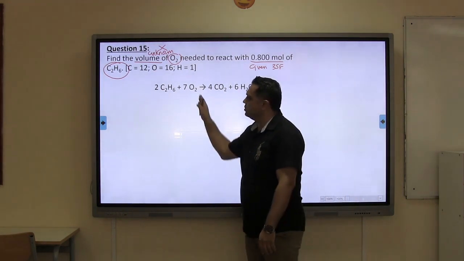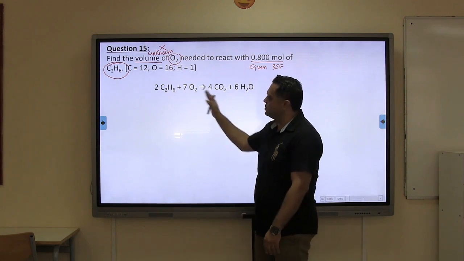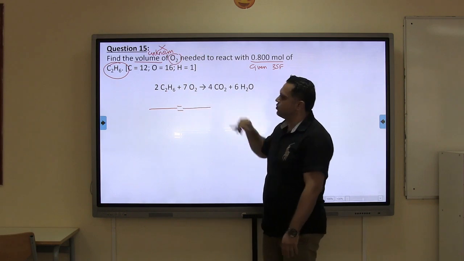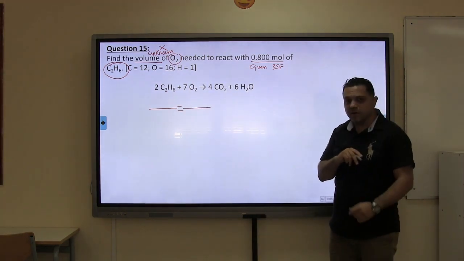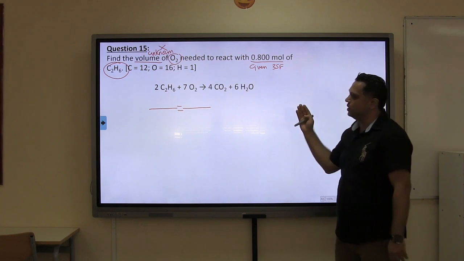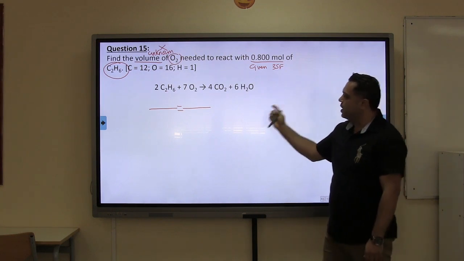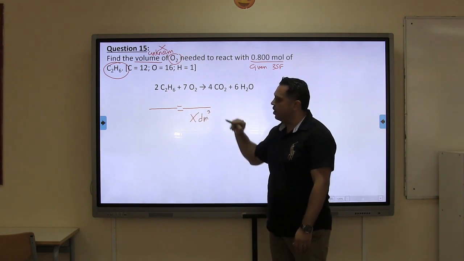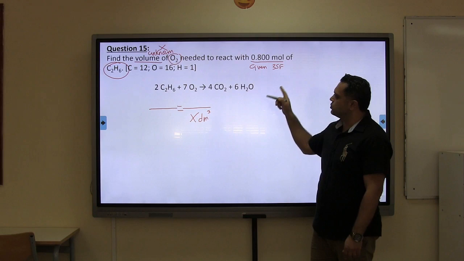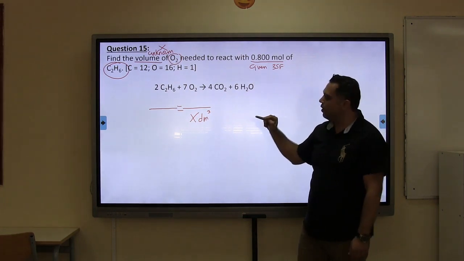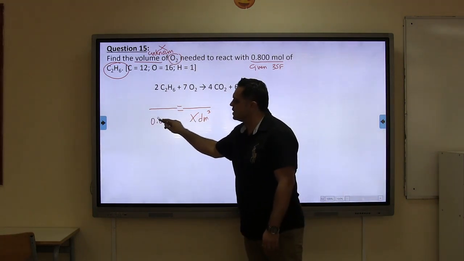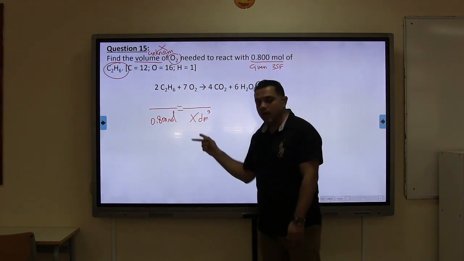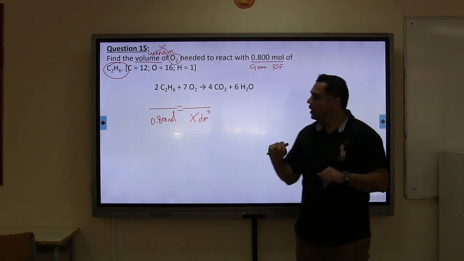So I am dealing now with oxygen and C2H6. Below oxygen and below C2H6, I need to have ratios. The ratio for the C2H6 will be equal to the ratio of the oxygen. So if I translate now what's written in the question: find the volume of oxygen, I don't know, this is X, X decimeter cube of O2, needed to react with 0.8 moles of C2H6. The given and the unknown go to one side, or to one level.